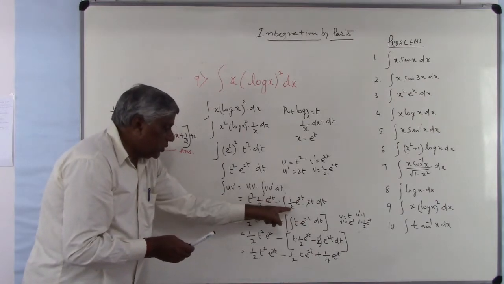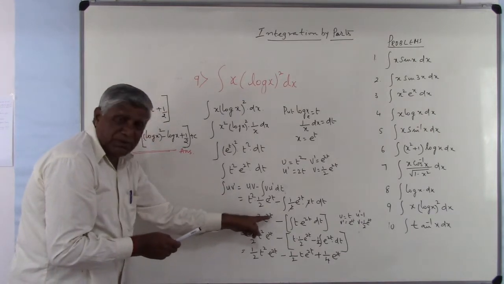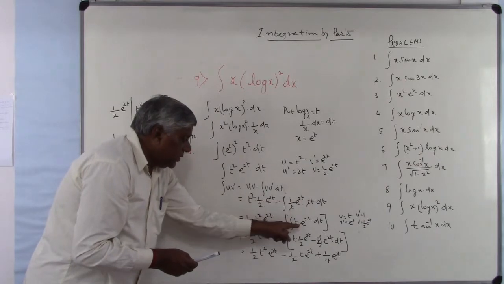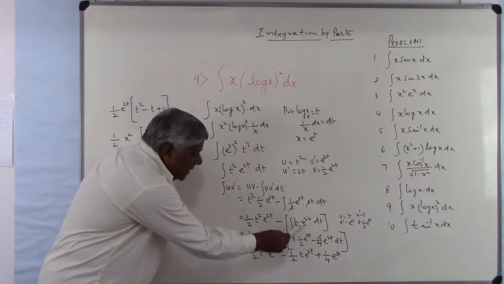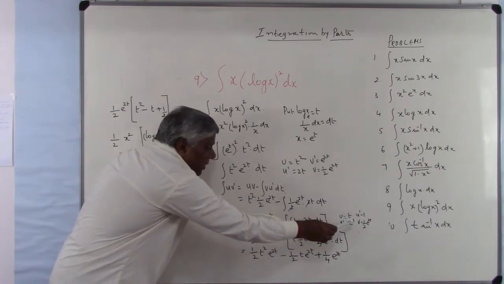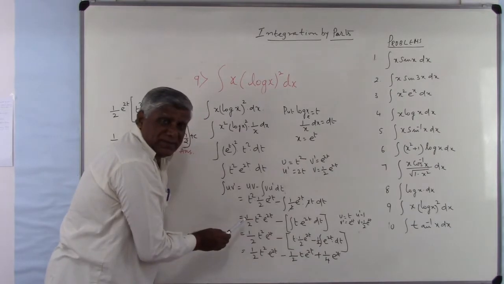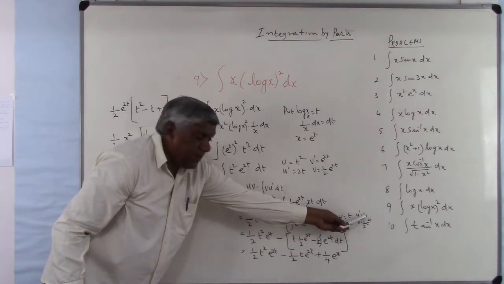Now this 2 and 2 get cancelled. Therefore, half of t square e to the power of 2t minus integral t e to the power of 2t dt. See, once again, t becomes u, u dash is 1, e to the power of 2t we have kept as v dash, and v is equal to half e to the power of 2t.